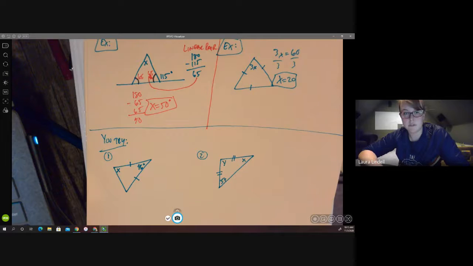And when you think you've got it, type pineapples into the chat. Pineapples, yes. Like apples would be funny, though.